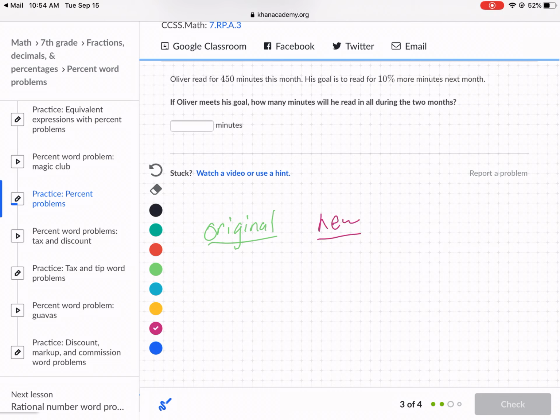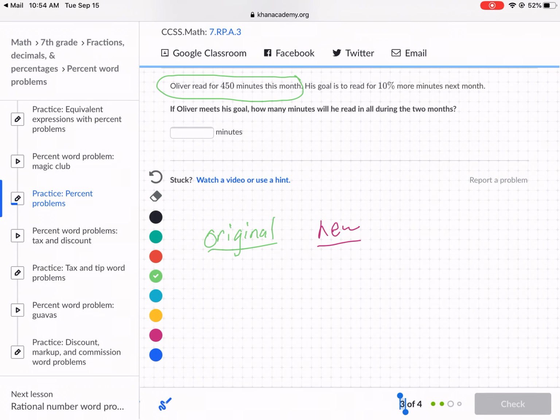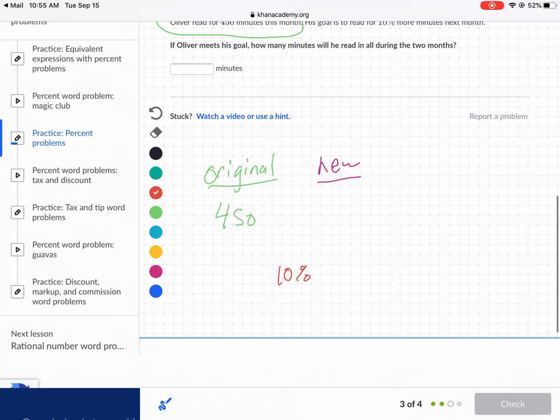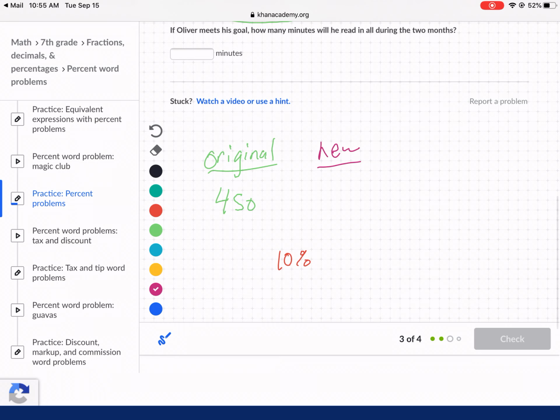We don't know our new, but this month is what I'm referring to as original, because next month is a new amount. So the original is 450. He wants to read 10% more, so I'm going to put this 10% down here. And then we want the new, which we don't know.